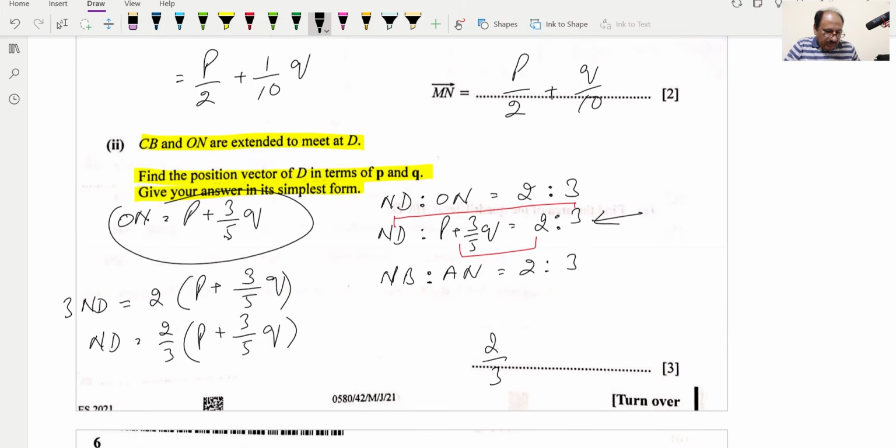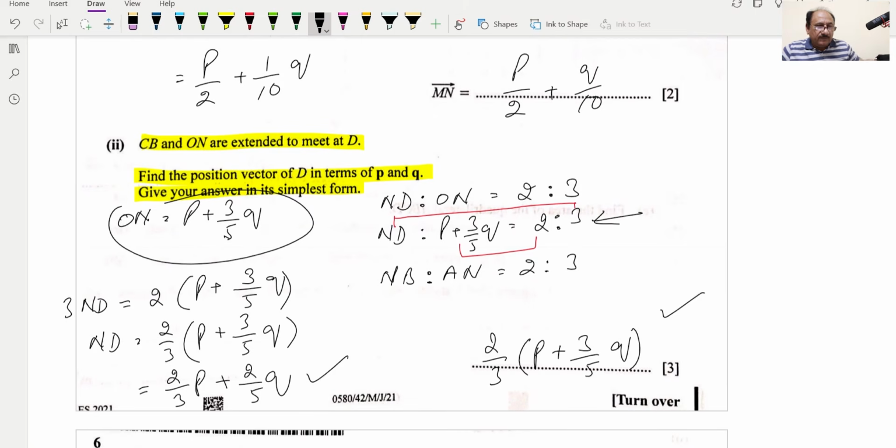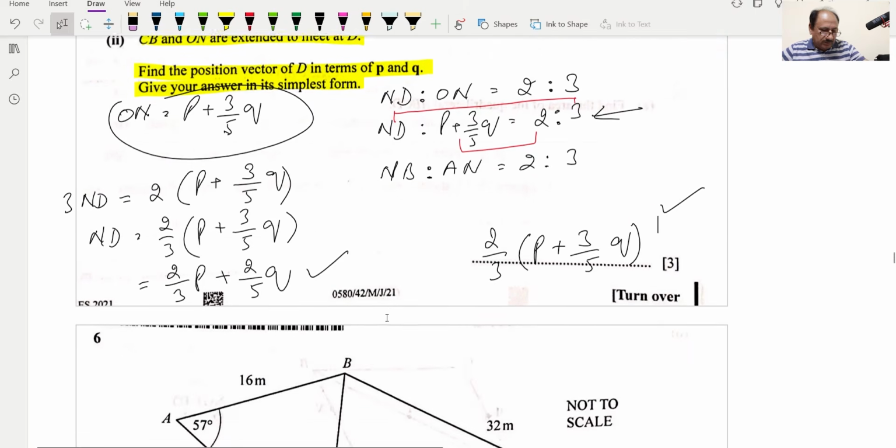Or you can multiply and write the answer in another format like 2/3 P plus, the 3 cancelled, 2 by 5 Q. We can write the answer in this format or in the other format. This is a 3-mark question which we have done.